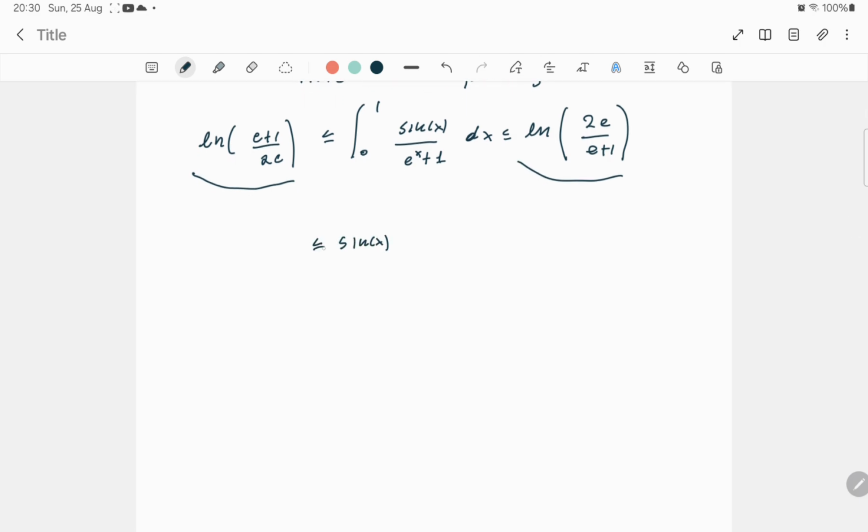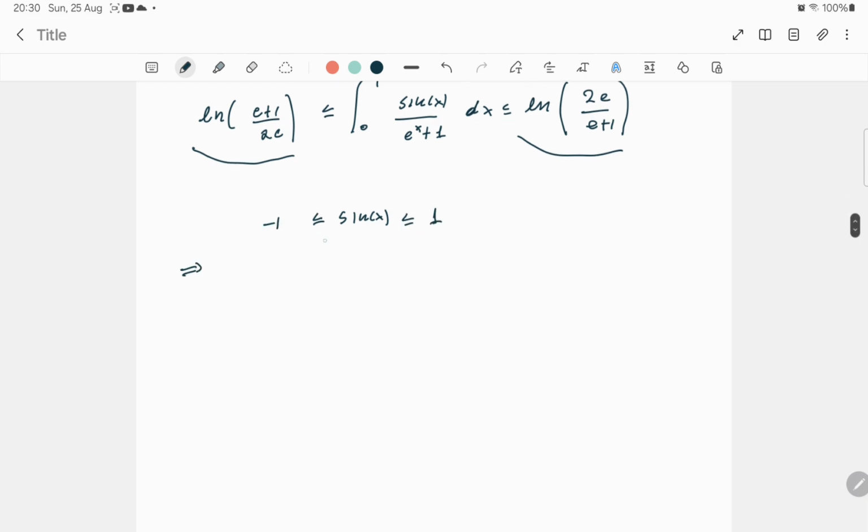Sine x is oscillating between -1 and 1. Now we divide by e to the power of x plus 1. Of course, e to the power of x plus 1 is always different from 0.